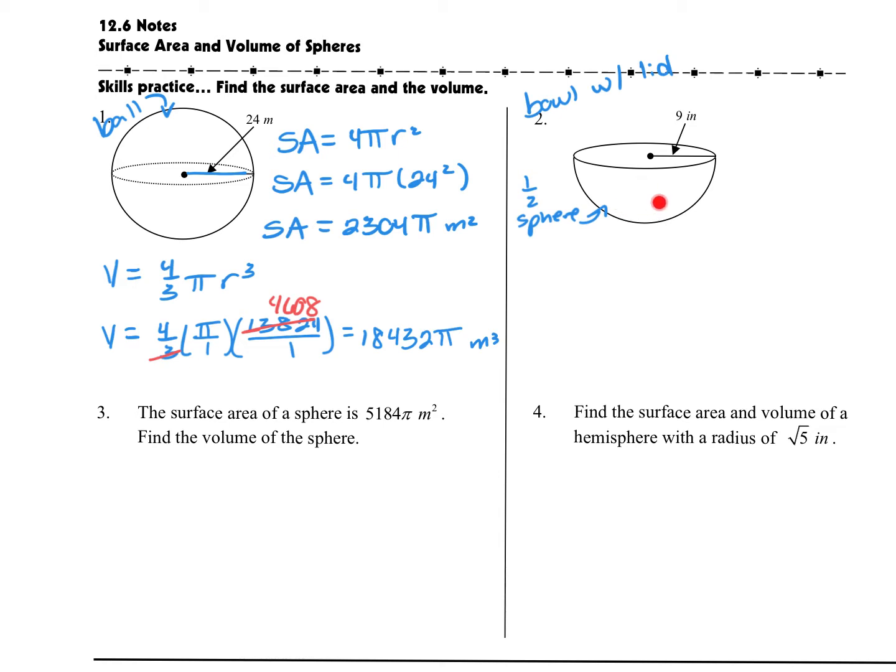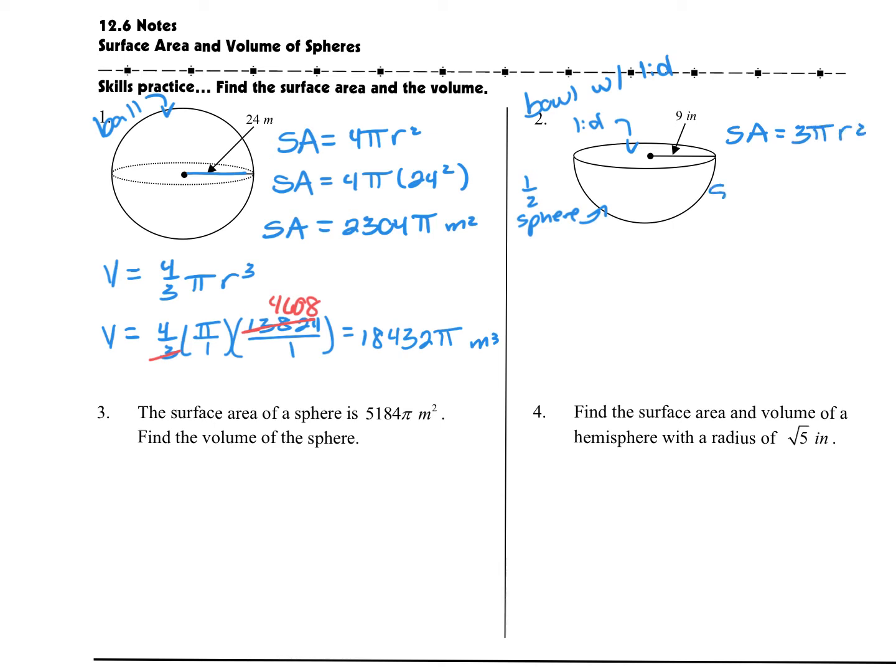So this is going to be 2 of our pi r squared. But it also is going to have this lid, okay? We're going to imagine kind of a lid on a bowl of cookies. So we're going to have a lid right here, and that's going to add another pi r squared. So our surface area for this bowl is going to be 3 pi r squared.